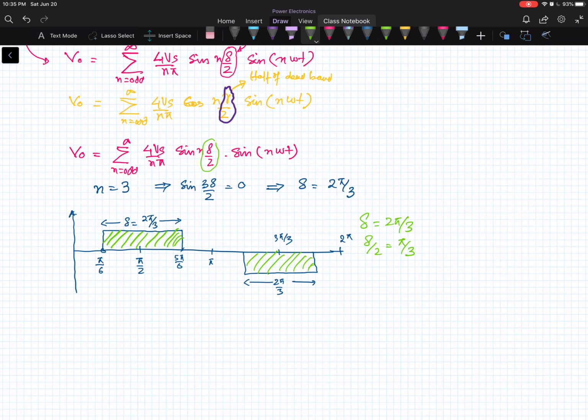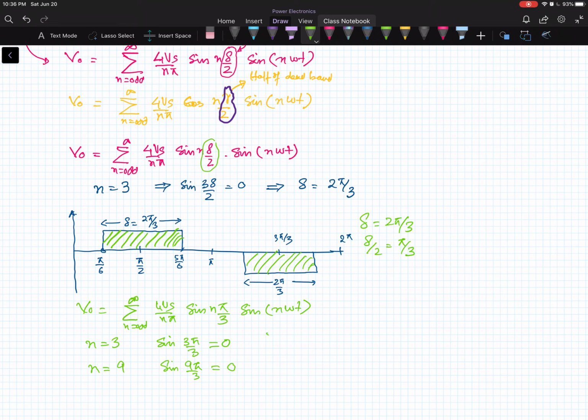So now if we use this pulse width in this expression, V naught will be equal to 4 Vs by n pi, where n is an odd number up to infinity, sine of n pi by 3 into sine of n omega t, that is the Fourier series representation with this pulse width. And in this, if I place n is equal to 3, sine of 3 pi by 3 will be equal to 0. Similarly, if I place n is equal to 9, sine of 9 pi by 3 will also be equal to 0.